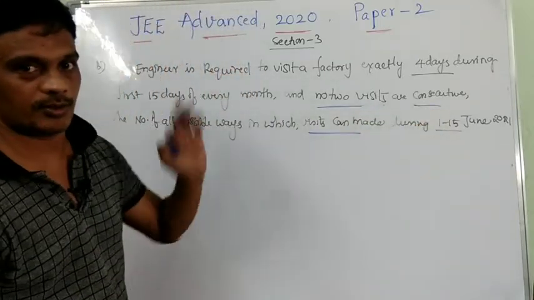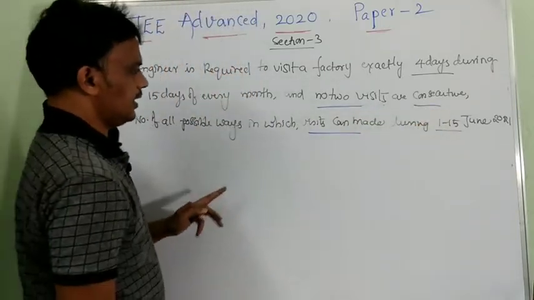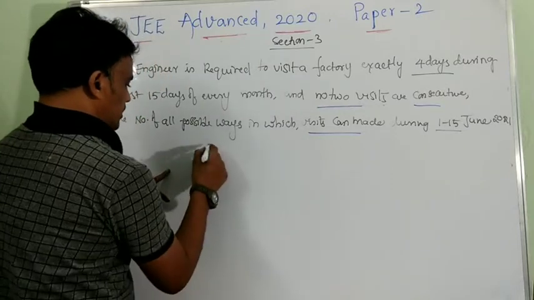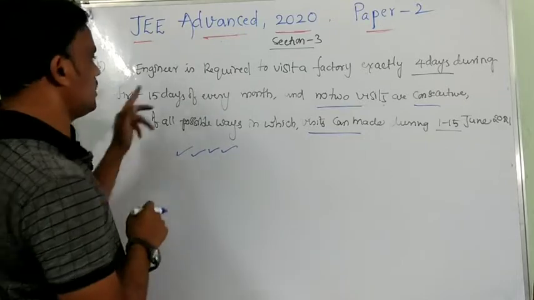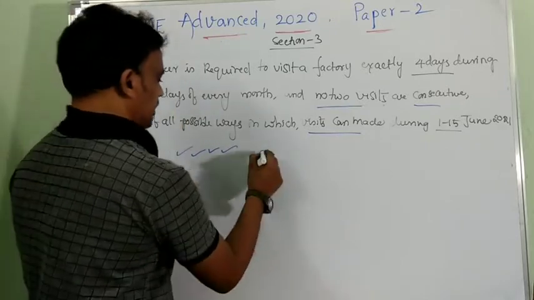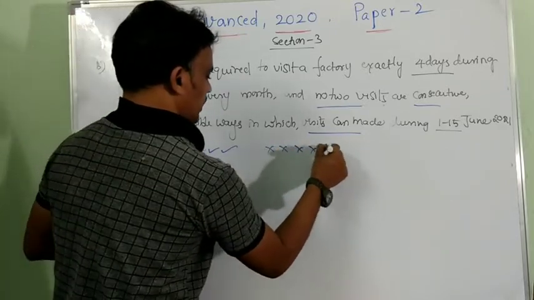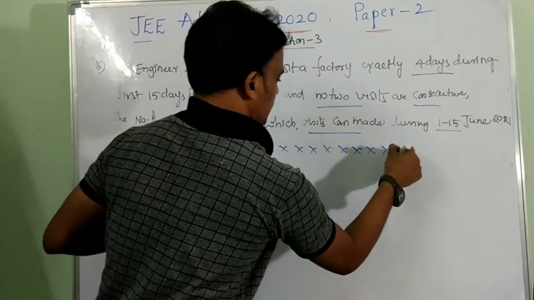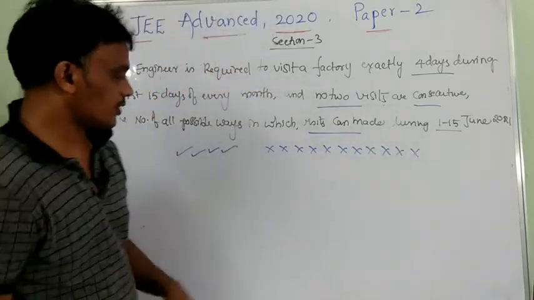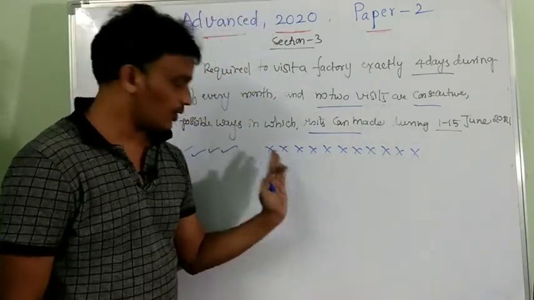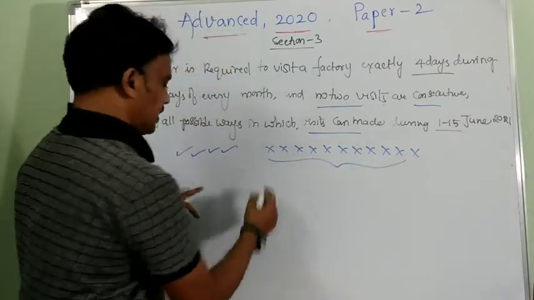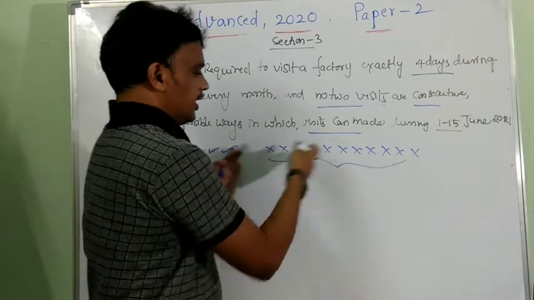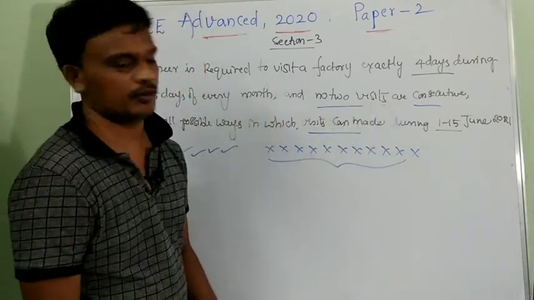It is a similar problem. These 4 days are not consecutive, on which the engineer is going to visit. The remaining days are 1, 2, 3, up to 11. First, arrange these 11 days, which can be done in one way.